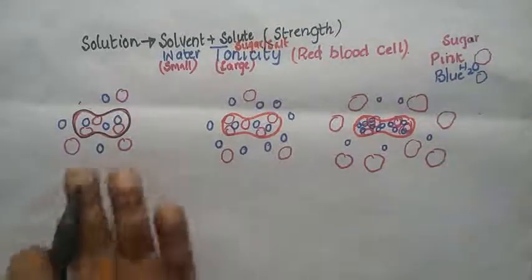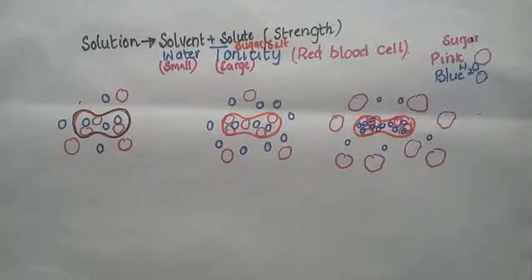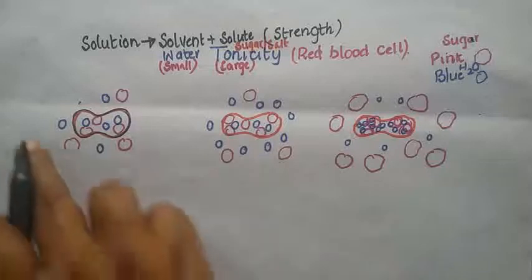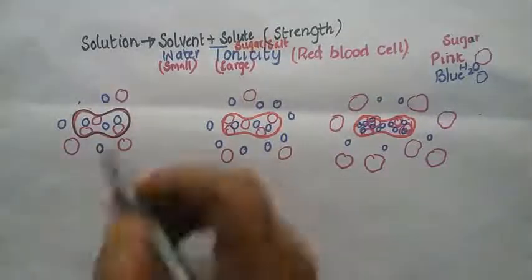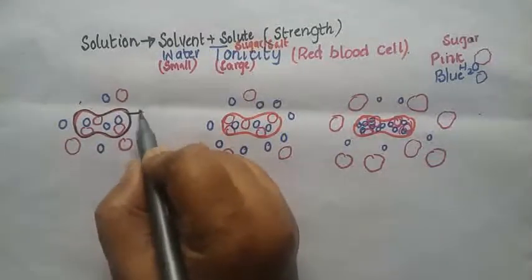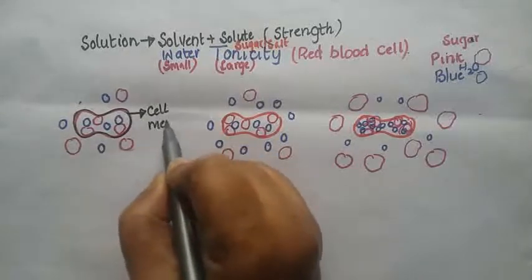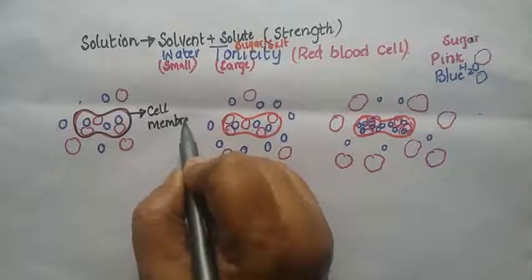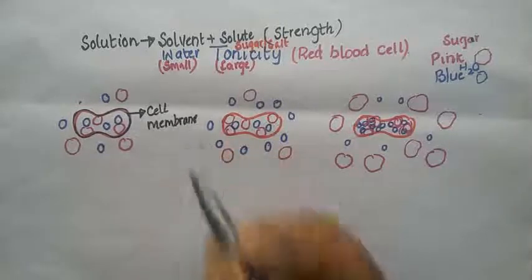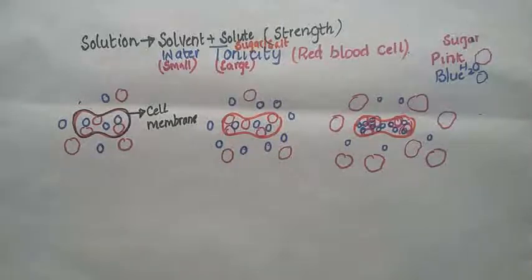Okay, now children, look at the first RBC and the surrounding solution. It's an animal cell comprising the cell membrane, which acts as a semi-permeable membrane, right?